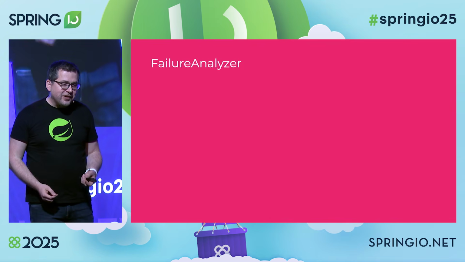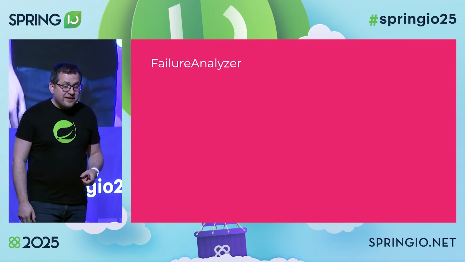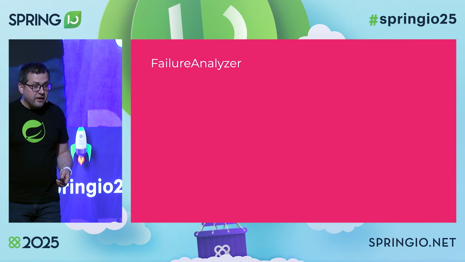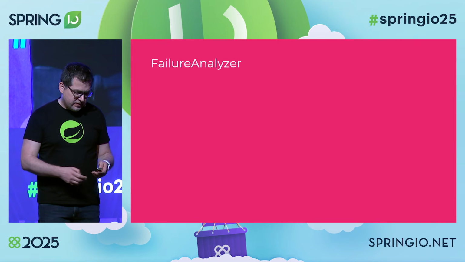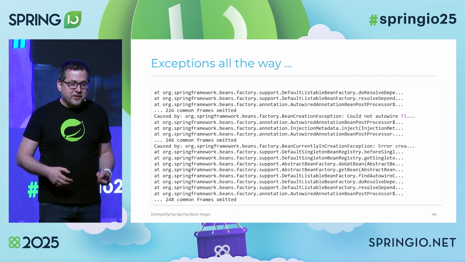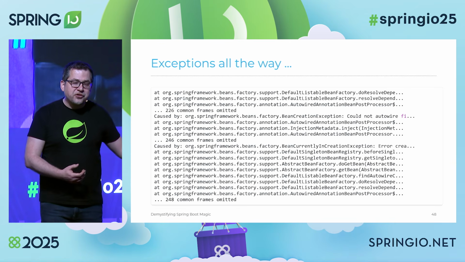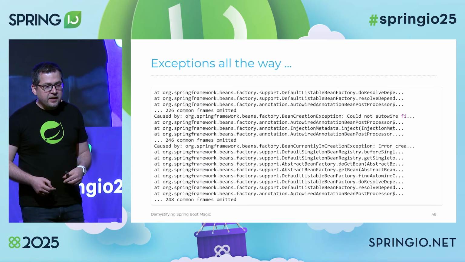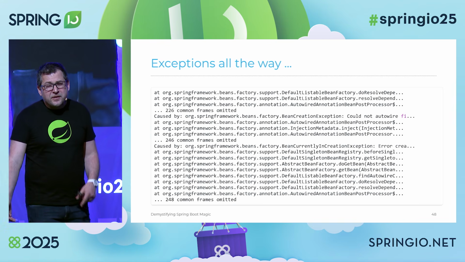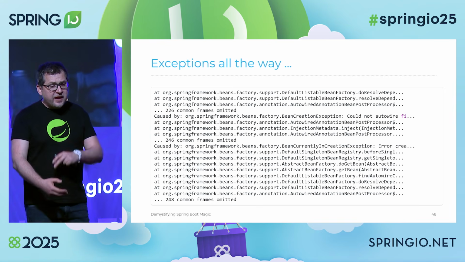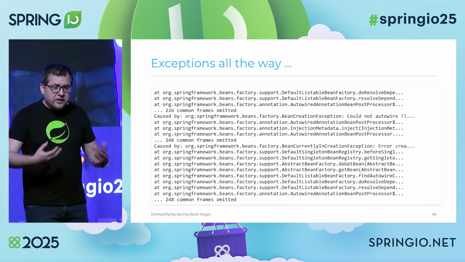Another thing which I find quite helpful and quite nice is actually the failure analyzer in Spring Boot, which is also such a feature we just get used to, right? Because if you think of stack traces in Spring, well, you would say we are privileged. The stack traces usually are not that bad. You just go to the root cause during the startup phase.